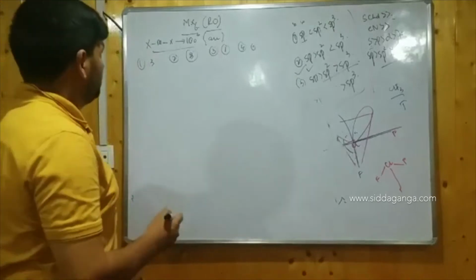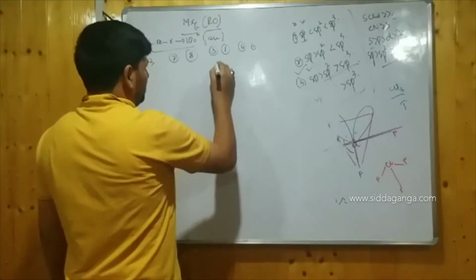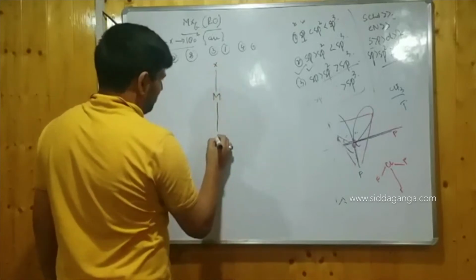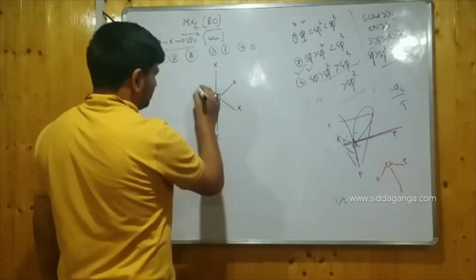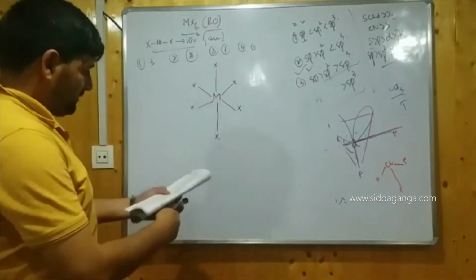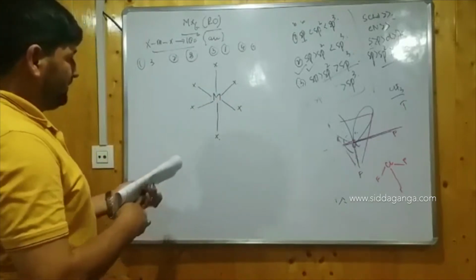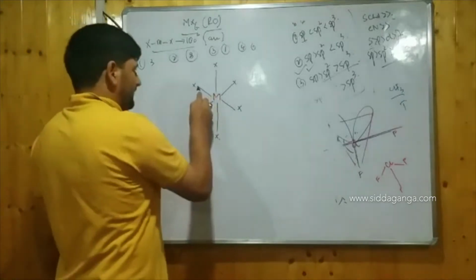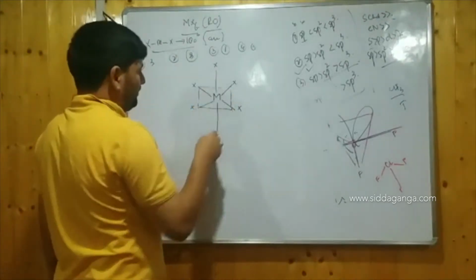Now, we will draw a regular octahedral structure. Metal in the middle, above the plane X, below the plane one more X, and 4 in the plane. Right? So we will see the number of angles at 180 degrees. Now tell me, this is above the plane. I'll draw this structure more clearly. Above and below the plane.